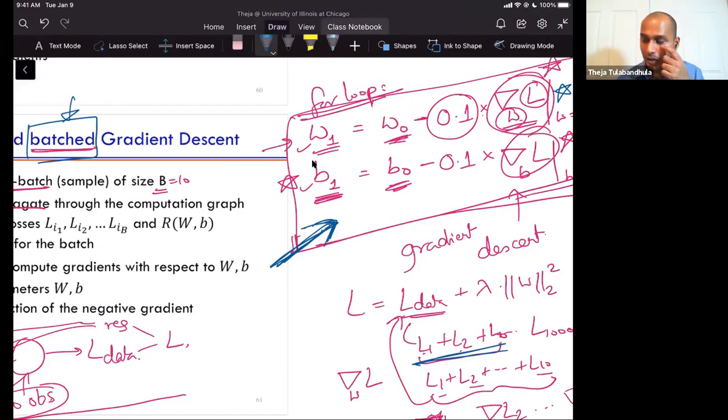But in the real world, for deep learning models, you would not write it explicitly like this, because you will generally be relying on one of these packages like TensorFlow, Keras, or PyTorch, and they will have a way for you to just specify, hey, optimize by doing gradient descent, or optimize by doing batch gradient descent. You just have to specify that, and it's like an argument to your function call.